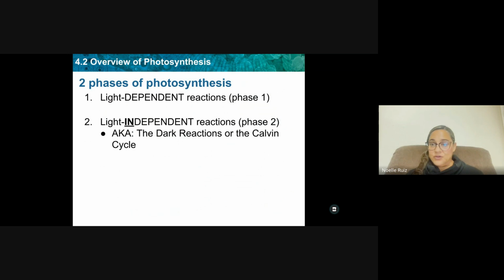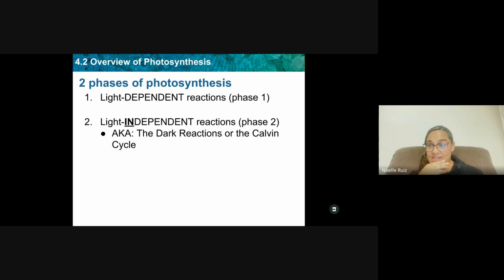There are two phases of photosynthesis. Like I said, they happen in different parts of the chloroplast, which we'll talk about. There's the light dependent reactions, which is the first phase, and then the light independent reactions, which is the second phase. And the light independent reactions have a few different names. It could be called the dark reactions because it's independent of light.